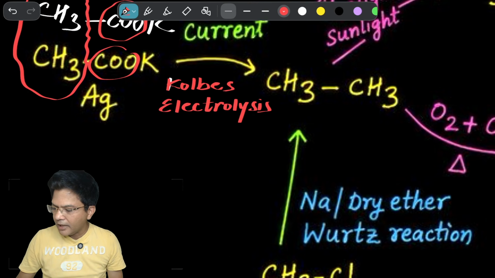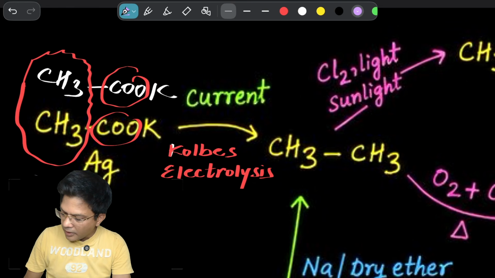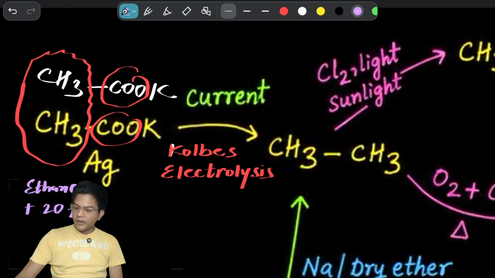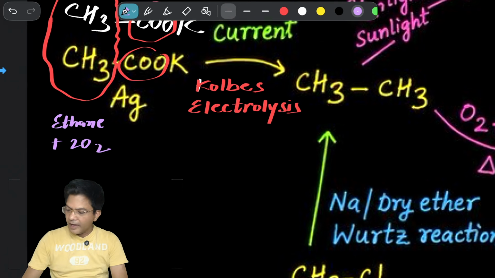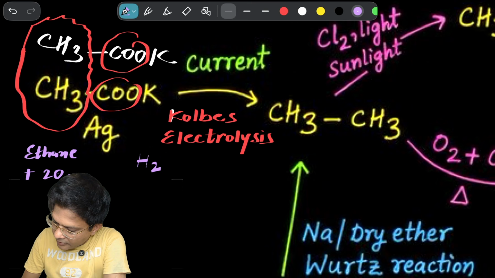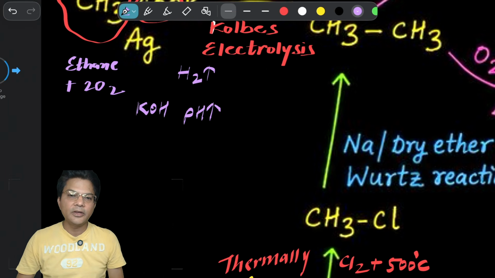So at the anode, if I provide current, I will get 1 mole of ethane and 2 moles of carbon dioxide, that means 3 moles of gas at the anode. At the cathode, because it is aqueous, I will get hydrogen gas, and in the solution I will get 2 moles of KOH. That's why during this reaction the pH keeps on increasing.